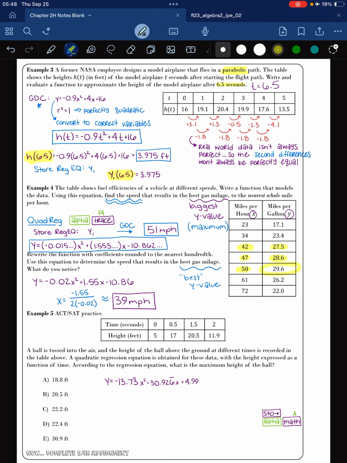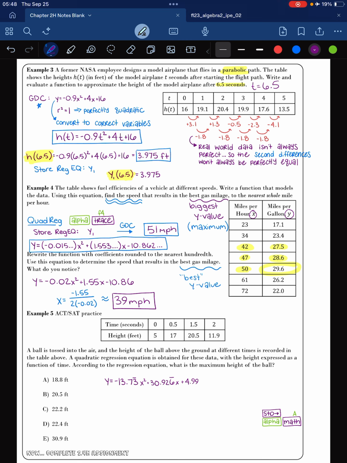There's no way that 39 miles per hour gets me the best gas mileage, because I can see on the table it's definitely closer to 50. So it's kind of concerning, and the reason that happened is because we used rounded values in our calculations. So that's a big idea, and again, don't worry about the first part, we'll go over that in class together.